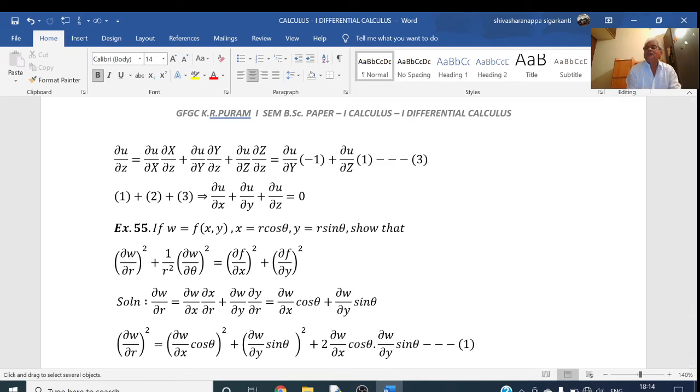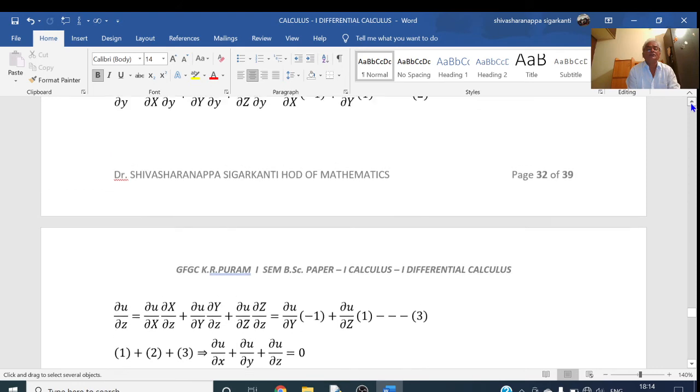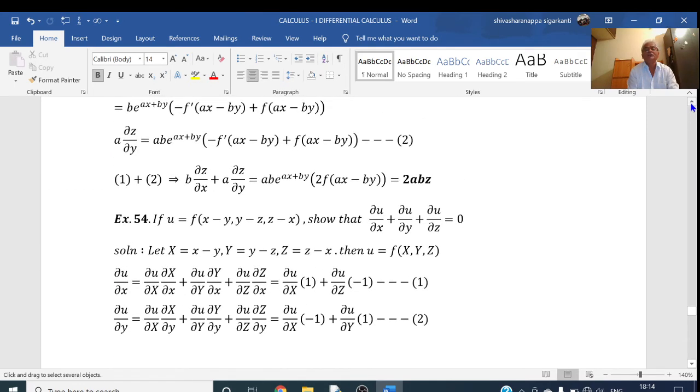And if you get confused between capital X, Y, Z and small x, y, z, you can take it like this also. Capital U equal to x minus y, capital V equal to y minus z, capital W equal to z minus x.